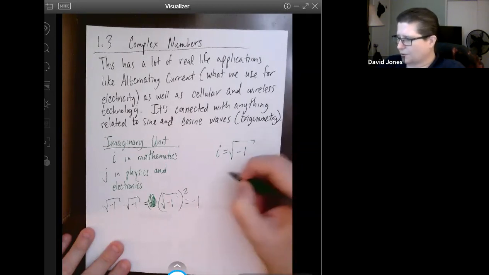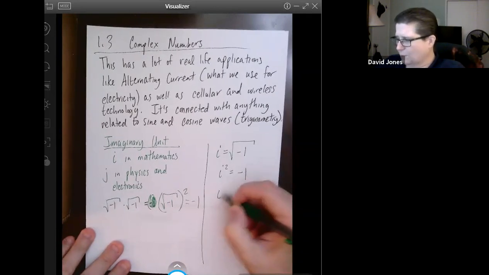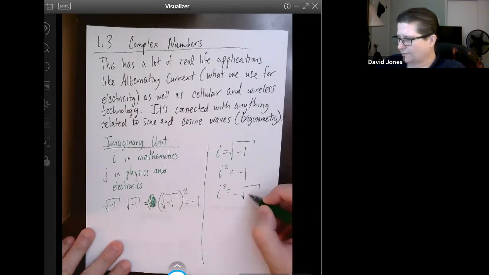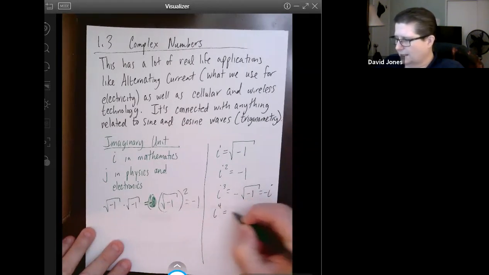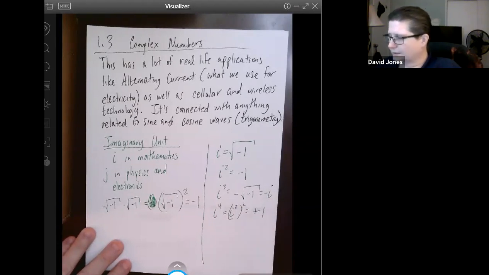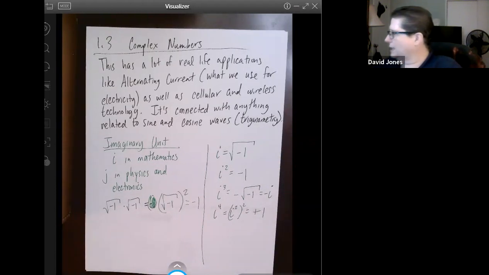So i is the square root of -1. i squared is -1. And if we multiply that by i again, we get negative square root of -1, which is -i. And i to the 4th power is i squared squared, which is +1. So i's rotate between these. We'll explore that more in a little bit.